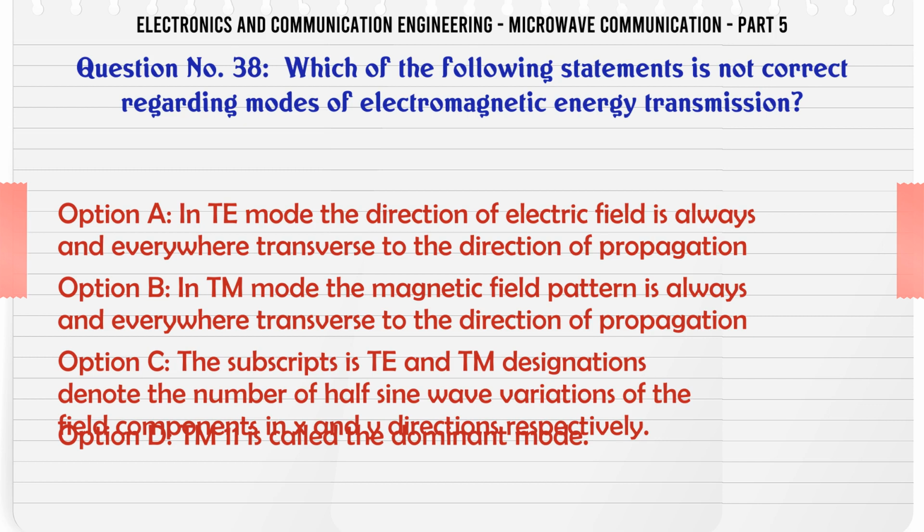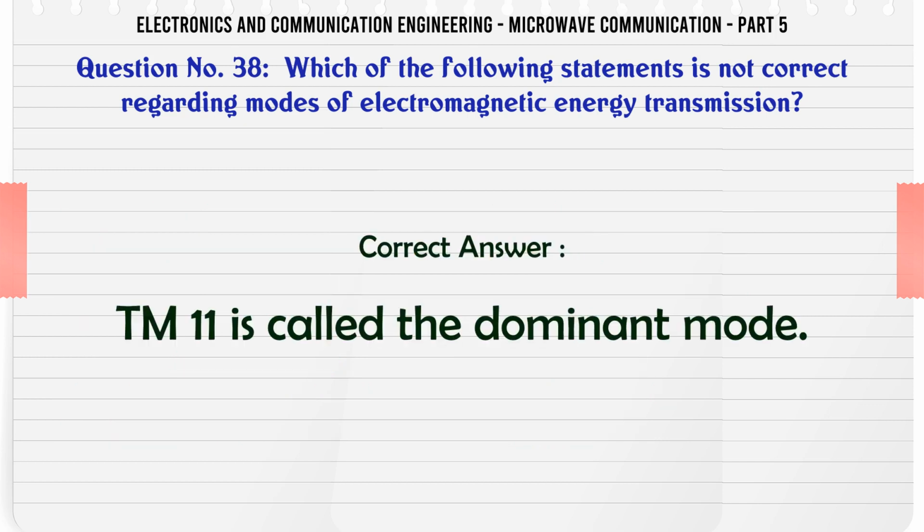C. The subscripts in TE and TM designations denote the number of half-sine wave variations of the field components in X and Y directions respectively. D. TM11 is called the dominant mode. The correct answer is TM11 is called the dominant mode.